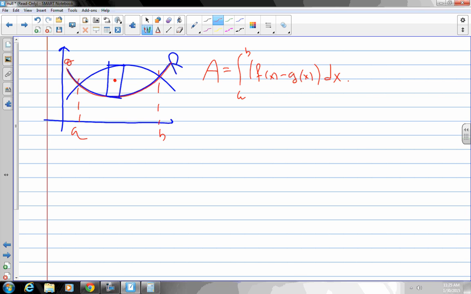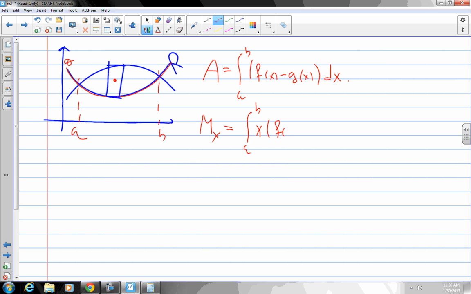Right? While the moment would be the mass times the distance. So the moment Mx would be the integral from a to b, x times the same thing, right? The area of that.